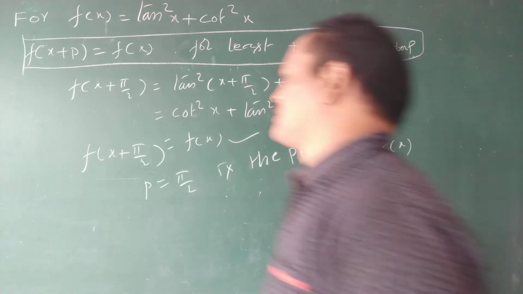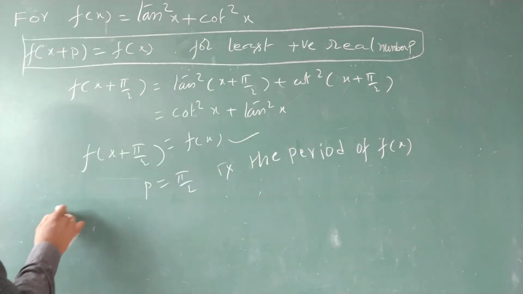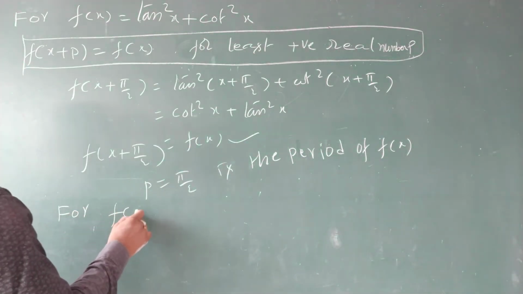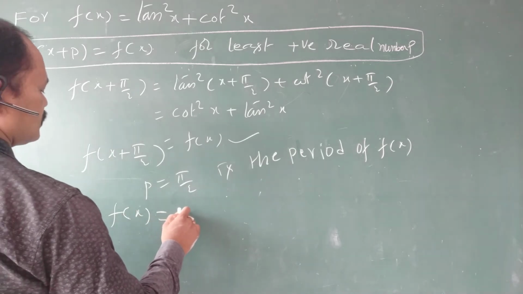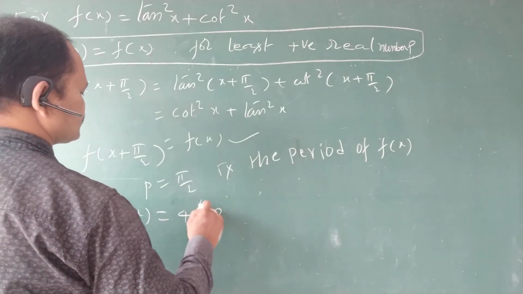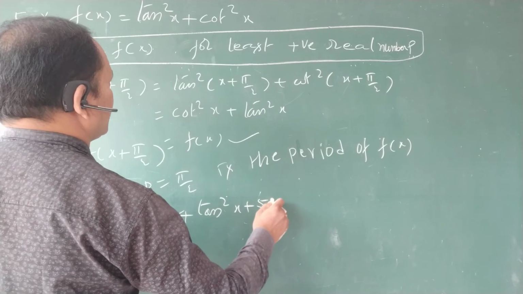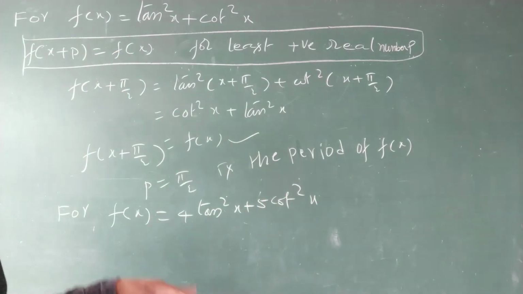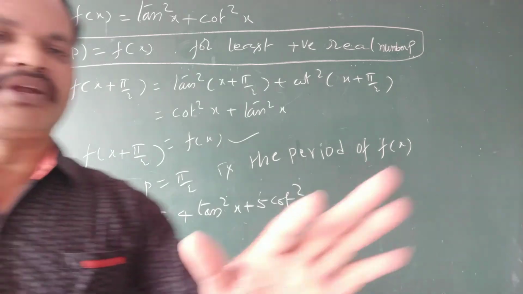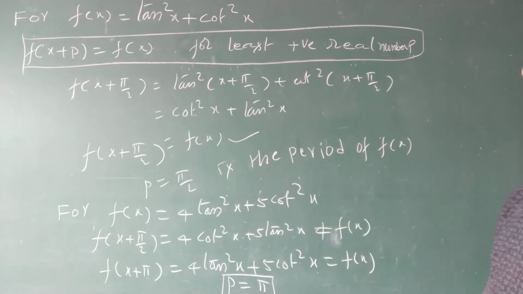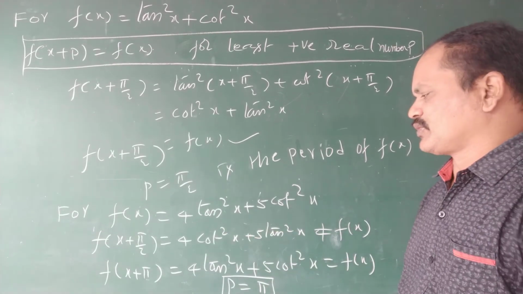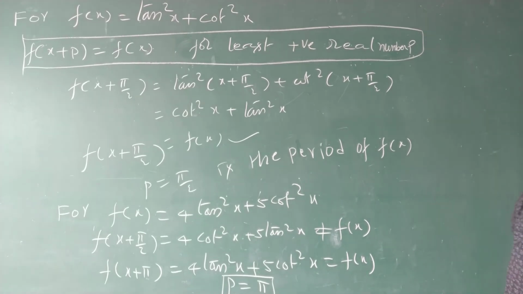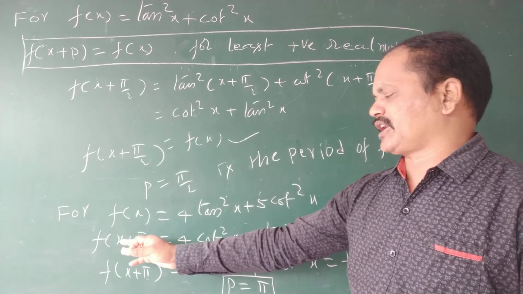Suppose we take f of x equal to 4 tan square x plus 5 cot square x. Now pi by 2 is not satisfied. Suppose we substitute pi by 2 in place of p. For f of x equal to 4 tan square x plus 5 cot square x, in place of x we have to write x plus pi by 2.